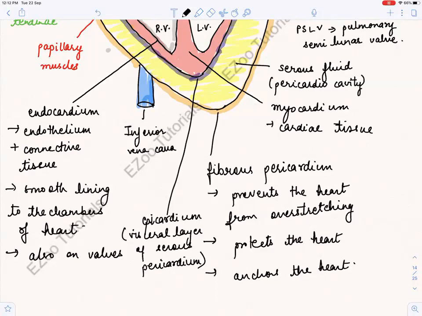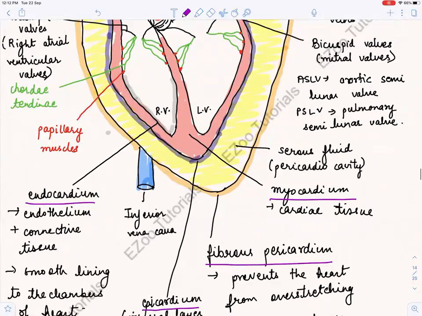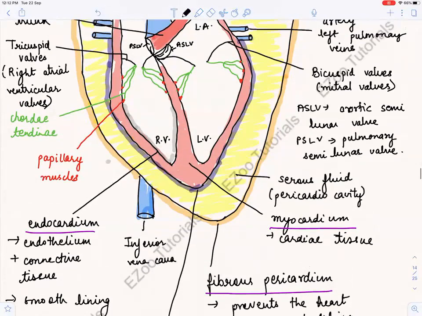So there are three layers that we have done. What are these three layers? We have done the epicardium, then the myocardium, and then the endocardium, right? And we have done the fibrous pericardium also. There is one thing also left. There is this septum in between the ventricles, and this is known as the interventricular septum.